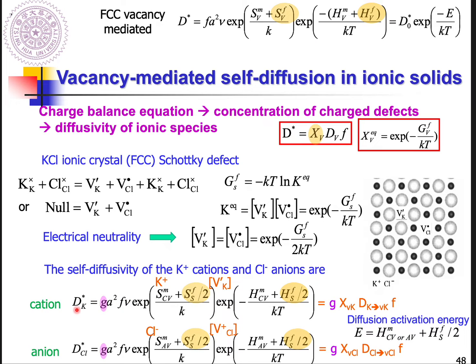As long as you measure the self-diffusivity of potassium at different temperatures, then you plot log D over 1/T. After fitting the slope, you can know the diffusion activation energy of your material, and this energy includes the Schottky defect formation energy and the migration energy term.